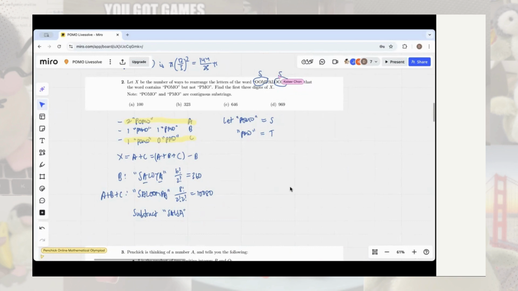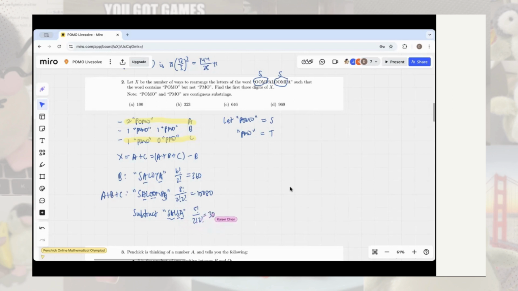Do you have questions? Okay. And the number of ways we can rearrange this, there are two A's. Also here there are two A's, two O's. So this one will become 5 factorial over 2 factorial 2 factorial, which will be 30.